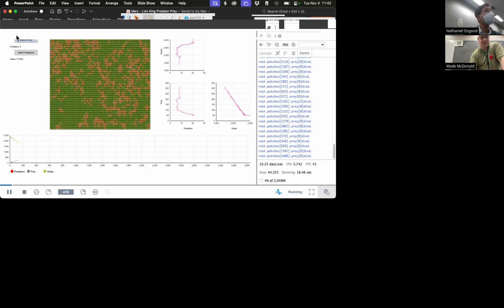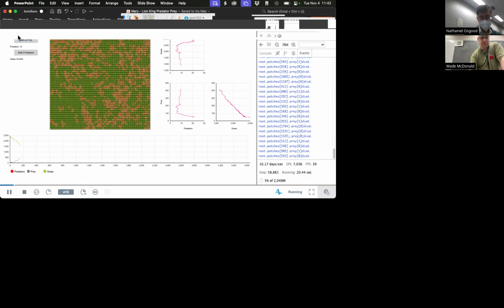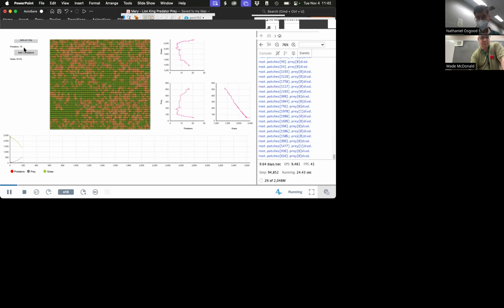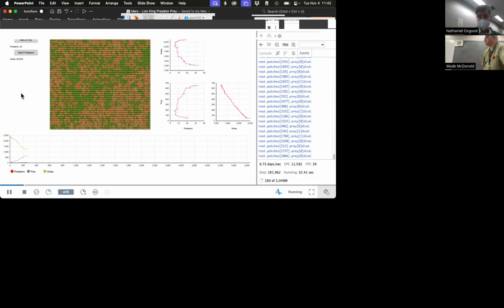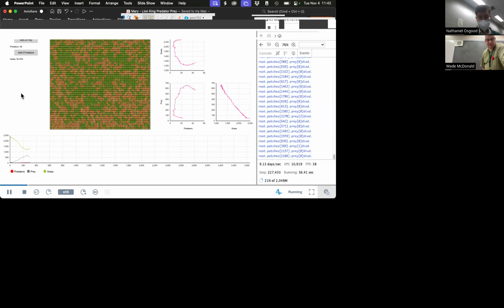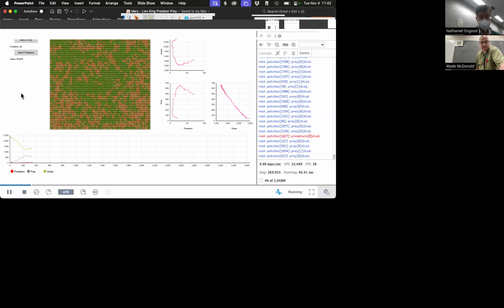So we can see prey are growing. Predators are growing, but more slowly. Grass is being reduced. And now it looks like the prey have peaked, and predators are growing.